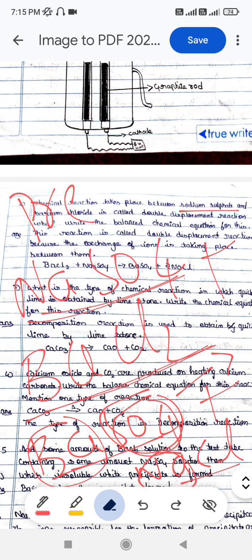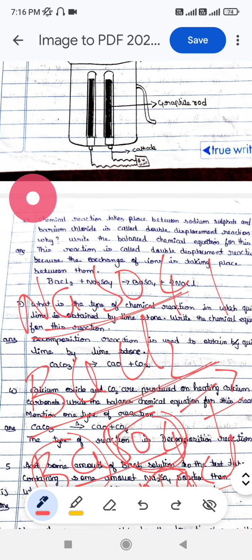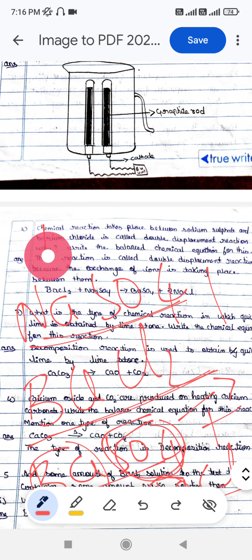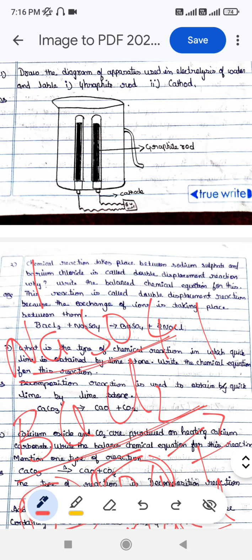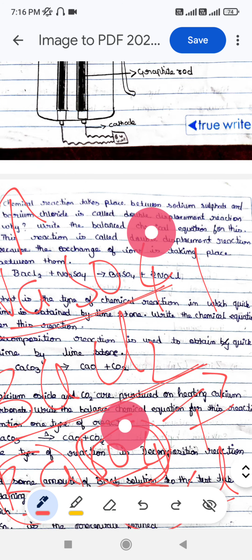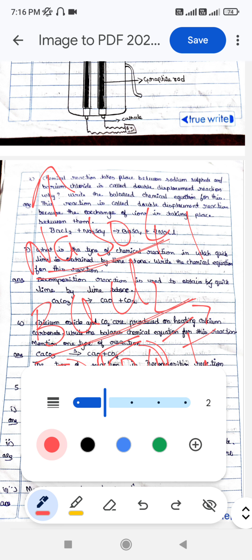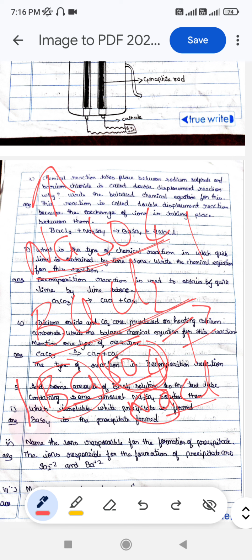Always remember that. When there is liberation of gas, it is shown by an upward arrow mark, correct? Here barium sulfate is a precipitate, so it is indicated by a downward arrow mark.